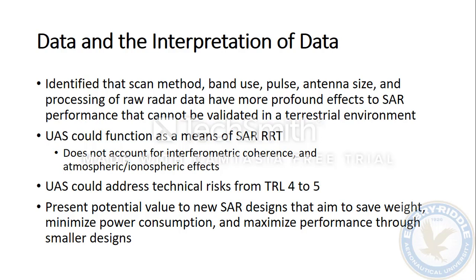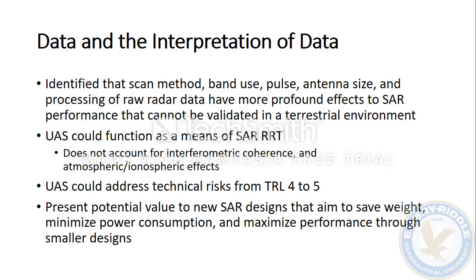So I've identified that a lot of those things were key performance factors that can't be validated in a terrestrial environment or are significantly limited to test in a terrestrial environment when trying to compare it to a space platform. But you could still use unmanned aerial systems as a risk reduction test, as an RRT. But it doesn't account for some effects that we'll get to in a second.